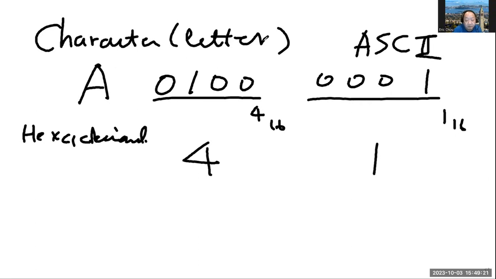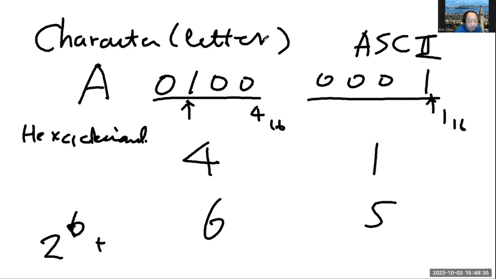But if you convert this one into decimal, the decimal would be 65, because this one is 2 to the power 6 plus this one 2 to the power 0. So it's 64 plus 1 equals 65. Okay, that's the decimal value you have.